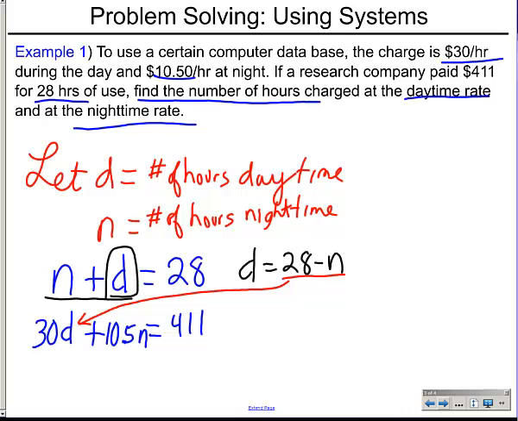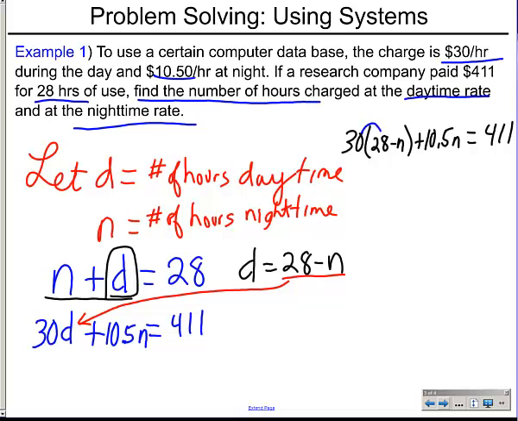When I substitute that value in for D, I get 30 times 28 minus N plus 10.5N, still equal to 411.